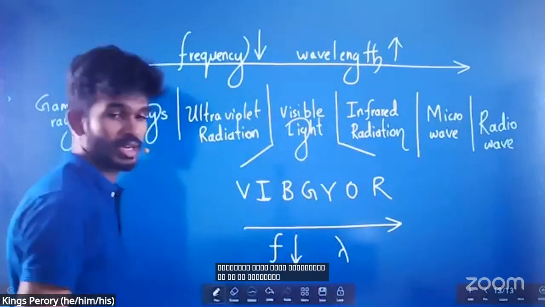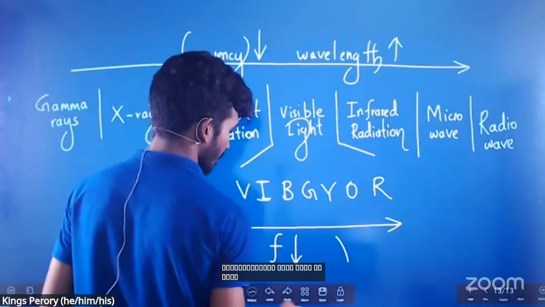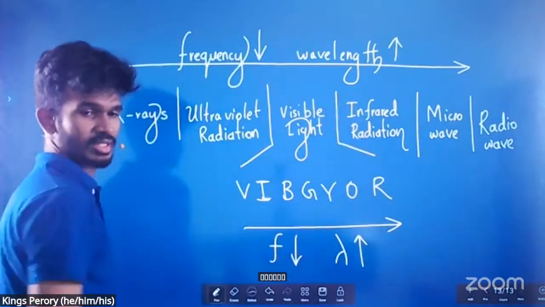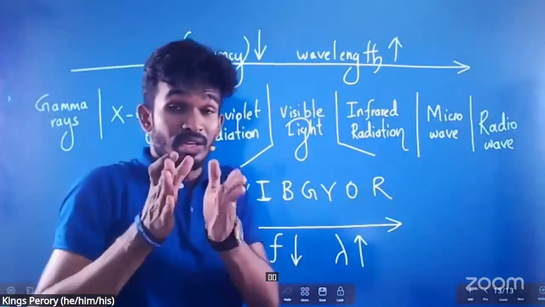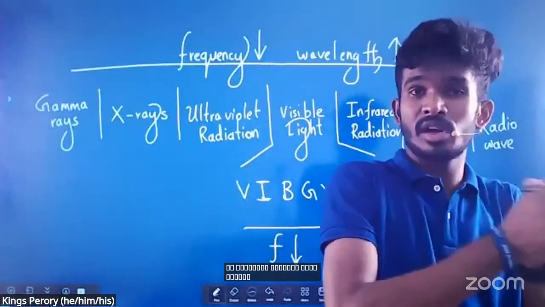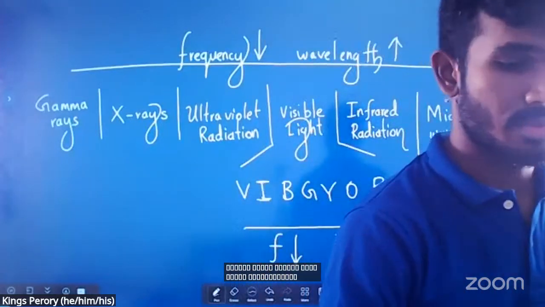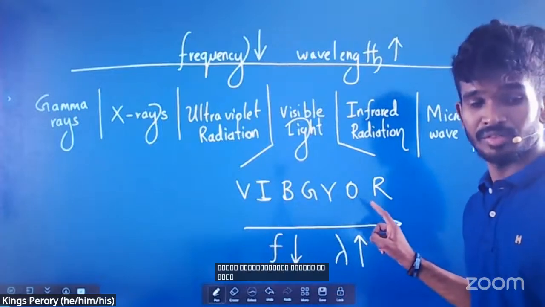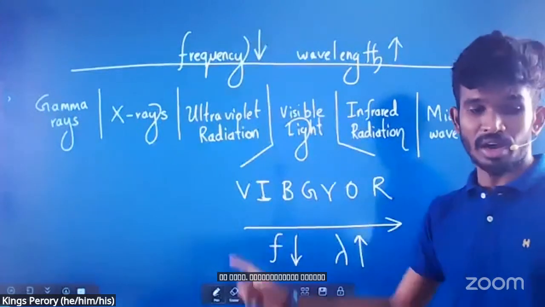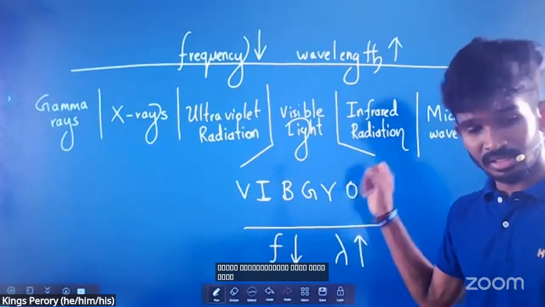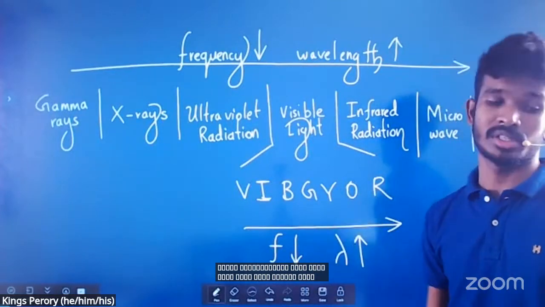I'll write symbolically. Wavelength increases. So in violet, indigo, blue, green, yellow, orange, red also, there is a difference in the frequency. Violet has the highest frequency. Red has the lowest frequency.